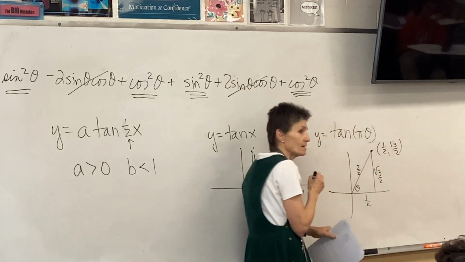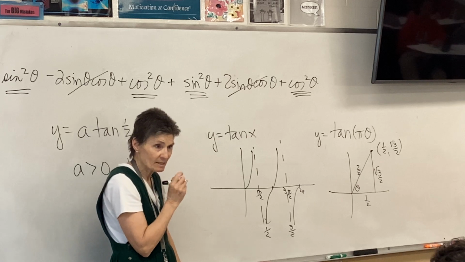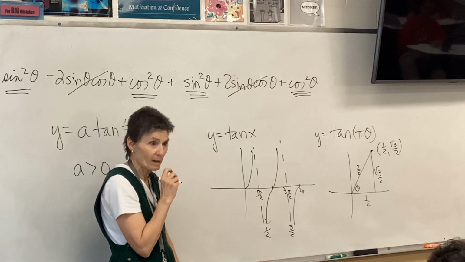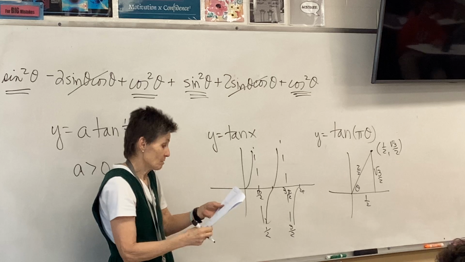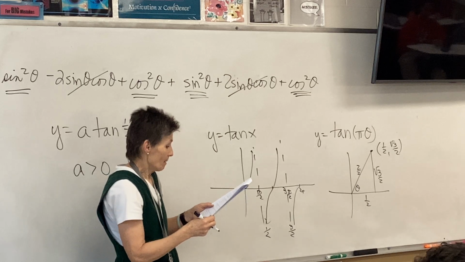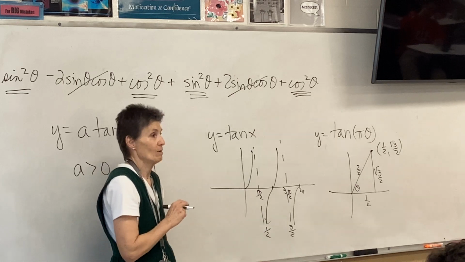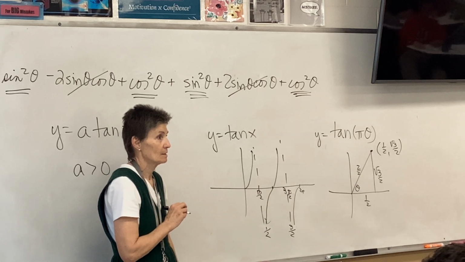Does that make sense to everybody? What angle has that ordered pair? Pi over 3? Is pi over 3 an option for me? No. But 2 pi over 3 and 4 pi over 3 are options.